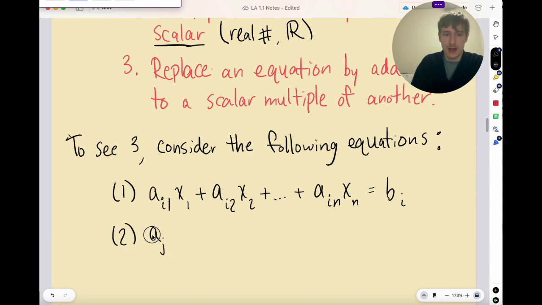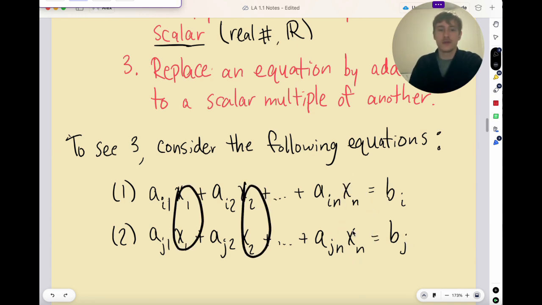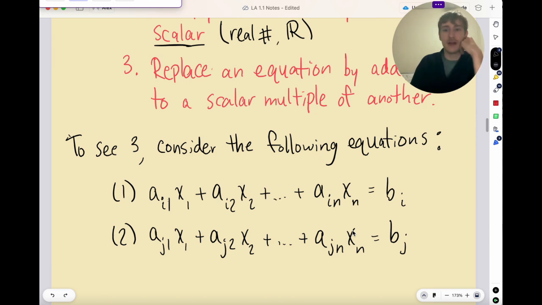So this is aj1 x1 plus aj2 x2 plus yada yada yada plus ajn xn equals bj. Notice same unknowns, same unknowns, same unknowns. The only thing that's different is that the coefficients are different, because this is equation i and this is equation j.